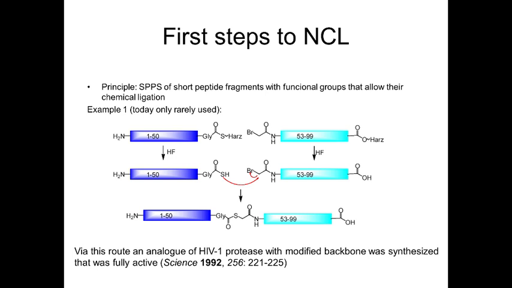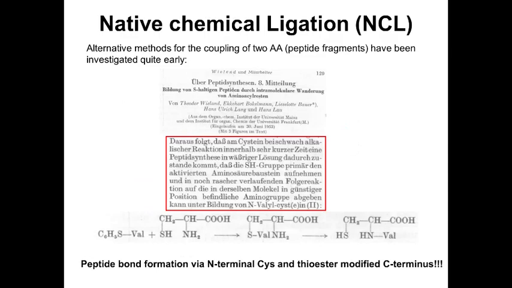These two complementary functionalities can react in a nucleophilic substitution reaction to form a covalent connection, but important to note, not a real peptide bond. So a covalent connection was established between the two fragments, and via this, fully active HIV-1 protease was chemically synthesized. So let's now move to the real native chemical ligation.